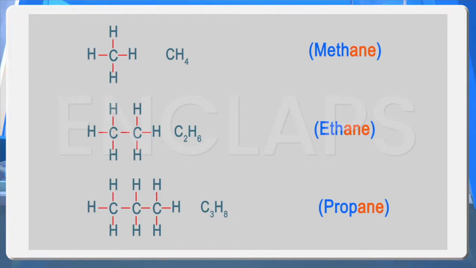CH4, right? The name is methane. Then the second compound, C2H6. The name of that compound is ethane. And the third one is C3H8, 3 carbon atoms, name propane.